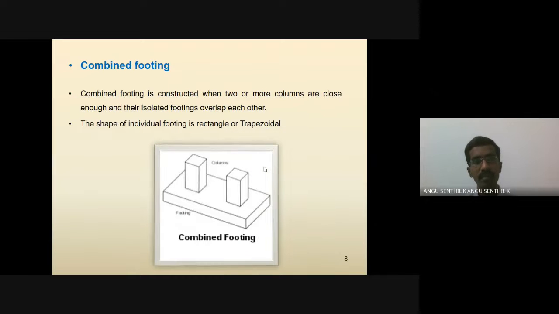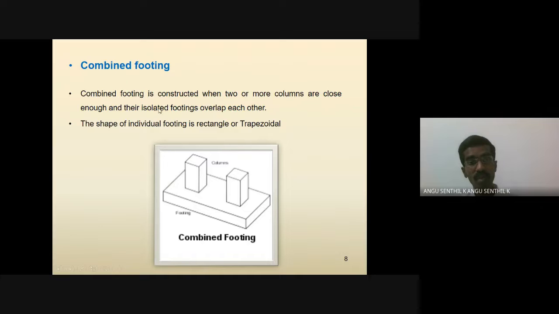Next, combined footing. Combined footing is constructed when two or more columns are close enough that the isolated footings overlap each other. Suppose, you can see the sketch, if this column footing gets overlapped with the second column footing, then it is not advisable to put separate footings.